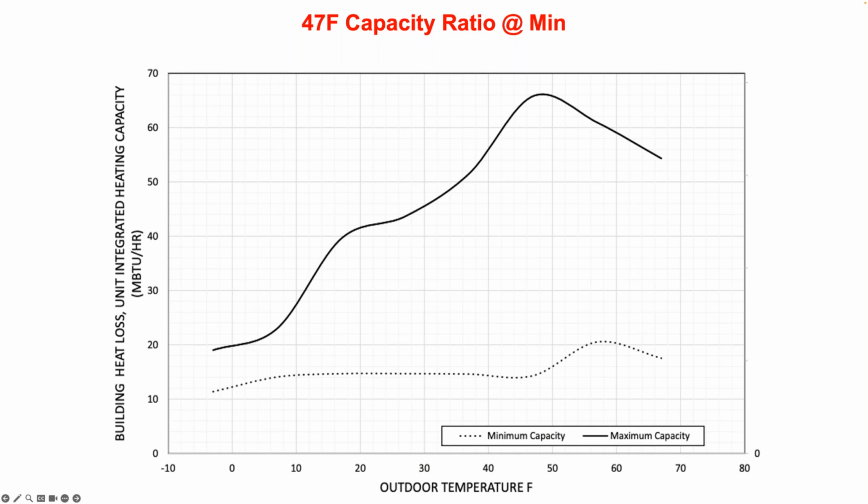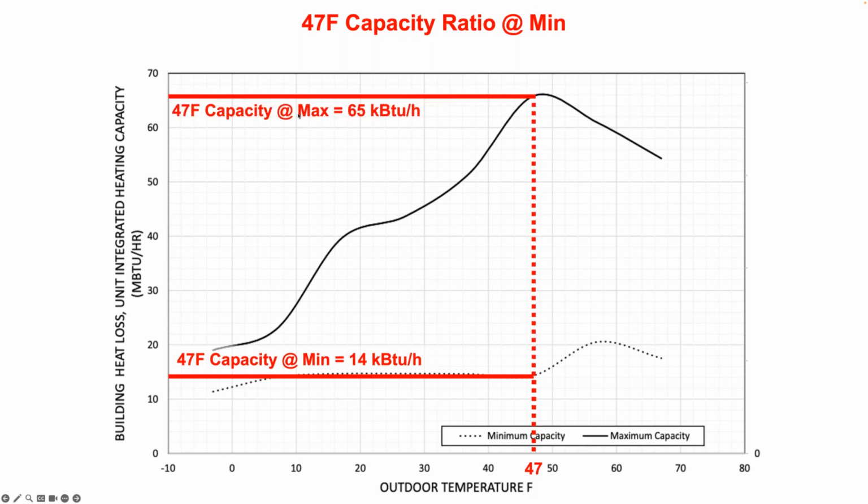If we wanted to know what the 47-degree ratio at minimum speed is, we would look up 47 degrees. We would find the minimum capacity at 47 degrees, which is 14 kBtu per hour, and then the maximum capacity at 47, which is 65 kBtu per hour. And then this ratio is just the ratio of those two.